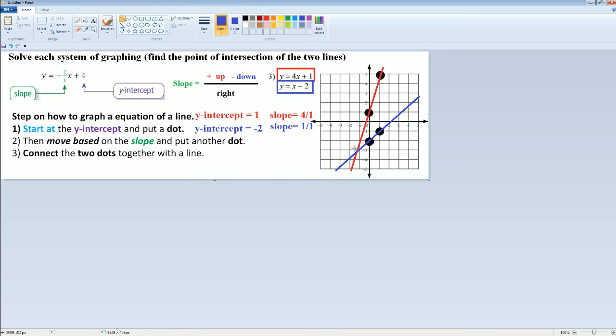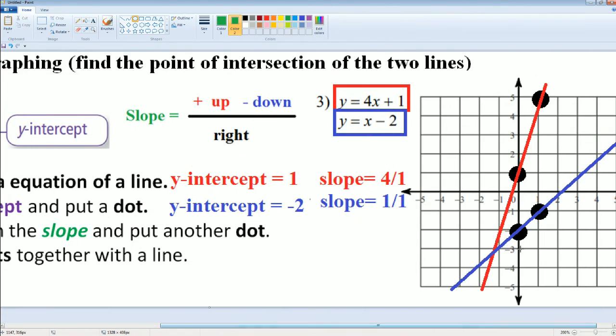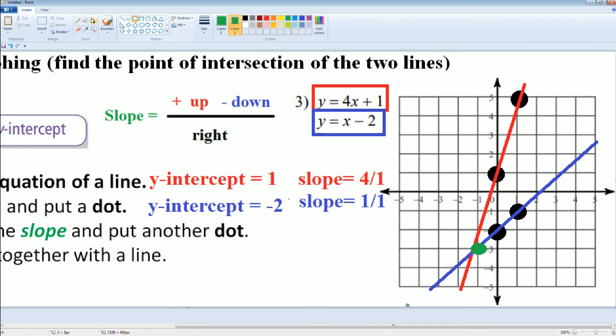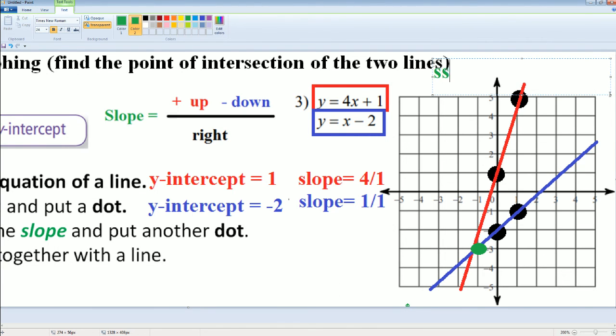Looks like the intersection's right there. Okay. There you go. What's that point? That's the intersection. We call that the solution.